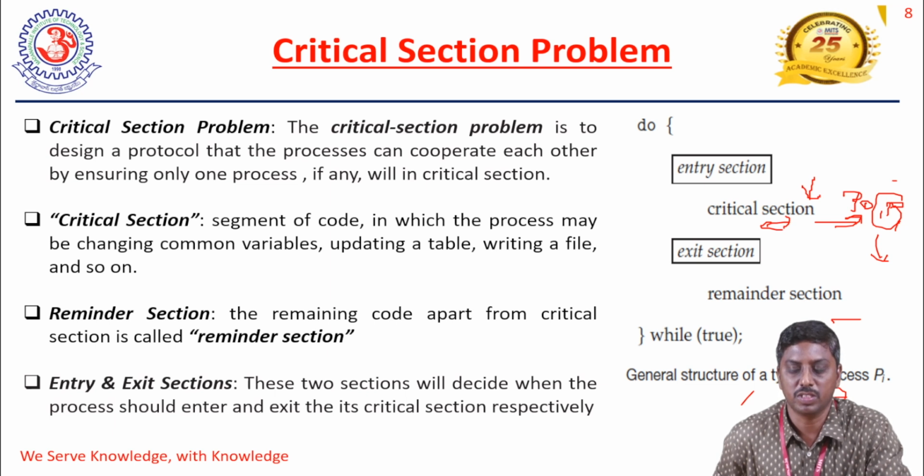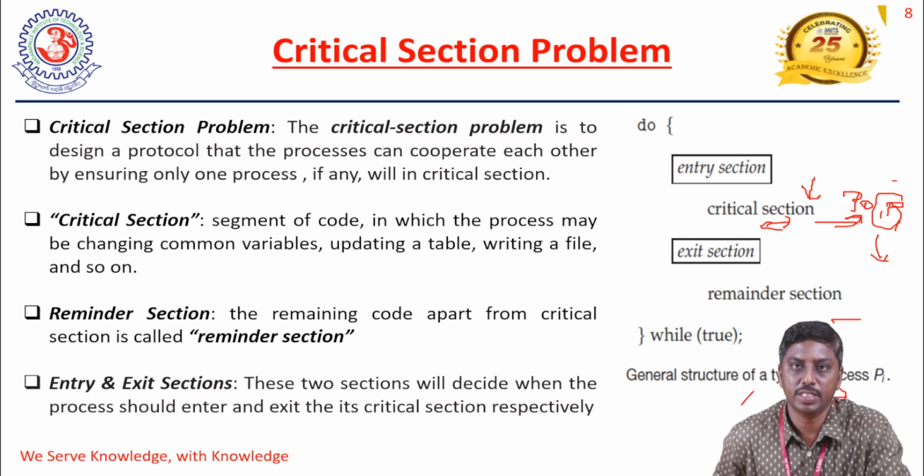Both processes will have their own critical sections. If P0 is in its critical section, P1 should not enter its critical section. That ensuring protocol is called the solution to the critical section problem.